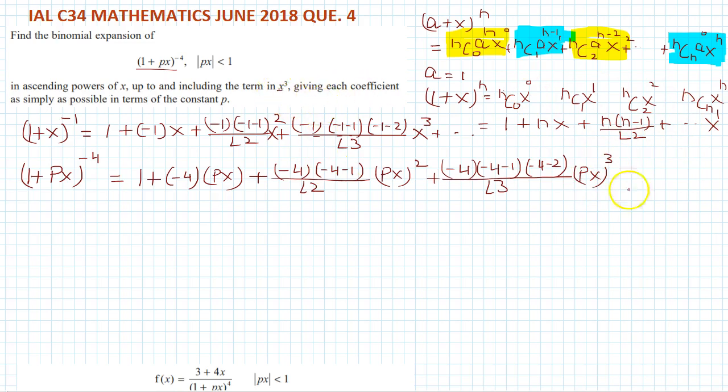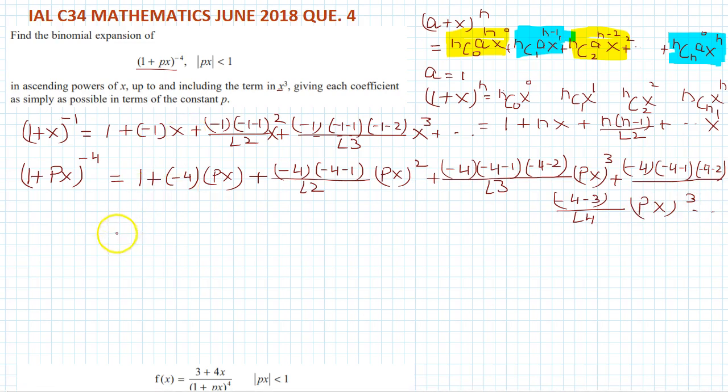We have to find up to x cubed, but for demonstration purposes, I add the next term: minus 4, minus 4 minus 1, minus 4 minus 2, minus 4 minus 3 over factorial 4. So that's how we are going to write it.